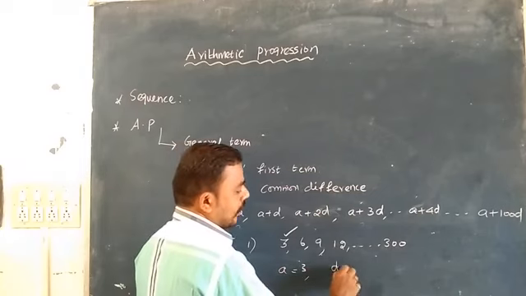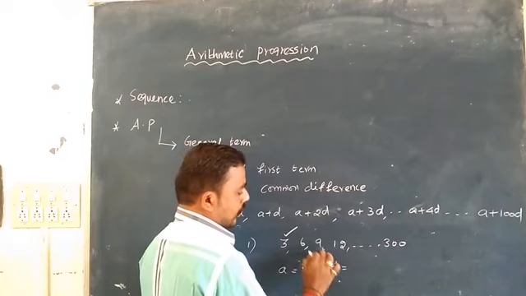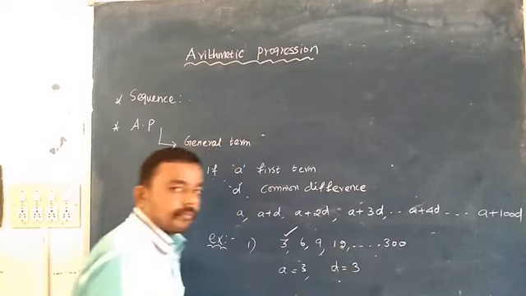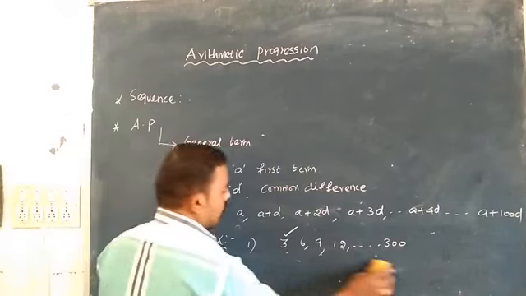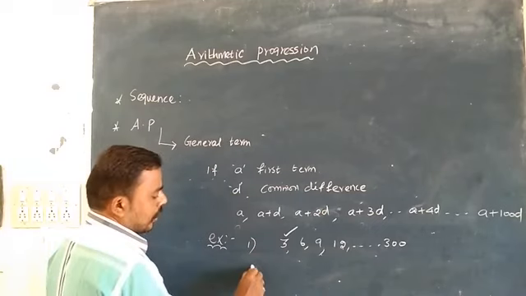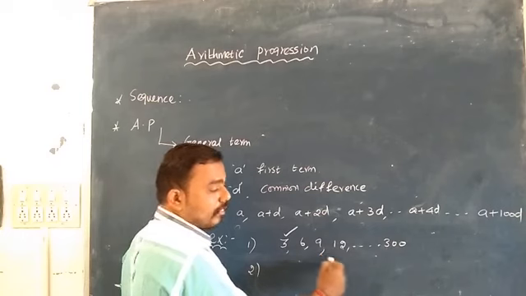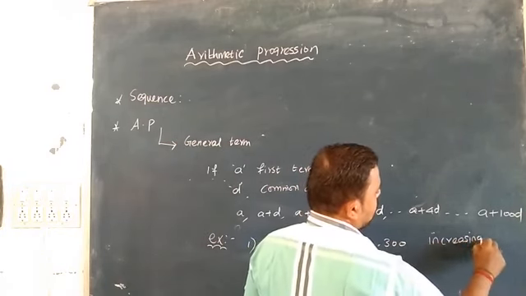And D, it's an AP, so 6 minus 3 is 3, 9 minus 6 is 3, 12 minus 9 is 3, so the answer is 3. So now the AP is given. Here the values are increasing, so it is an increasing sequence or increasing AP.